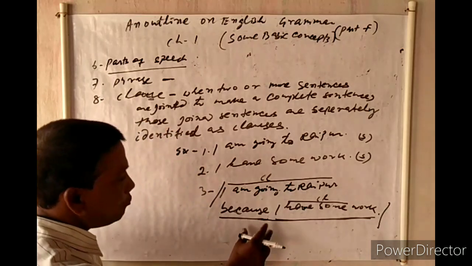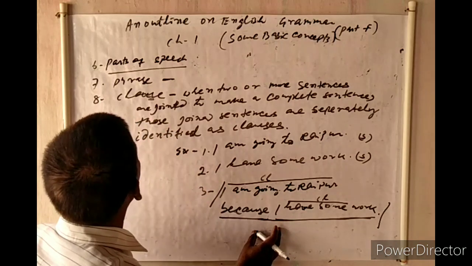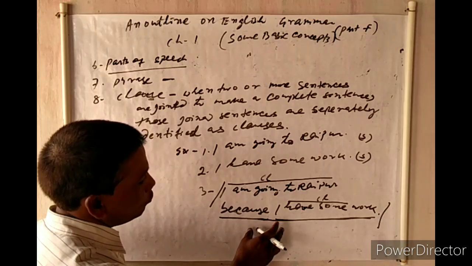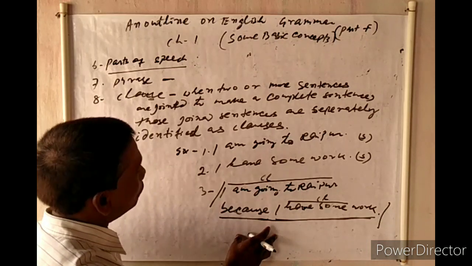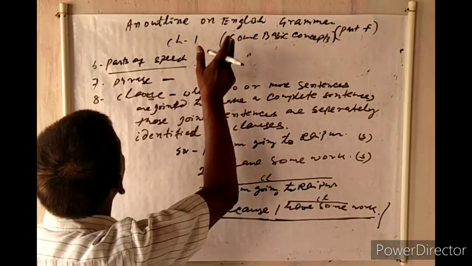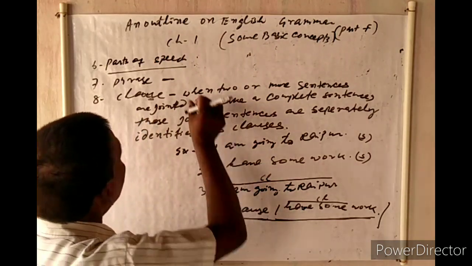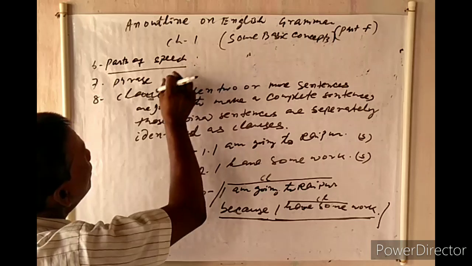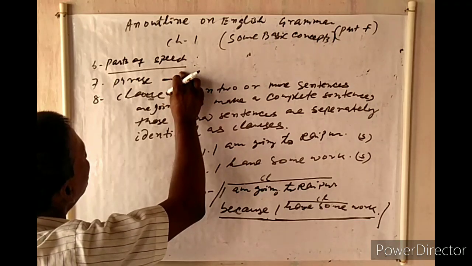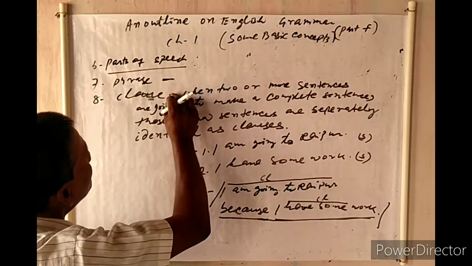So up to now, what was our purpose? First we studied the parts of speech, then we studied the phrase, then we studied the clause. So these are the units of language. This is the smallest unit, every single word, and this is the next bigger one, the phrase. The next bigger one is the clause.